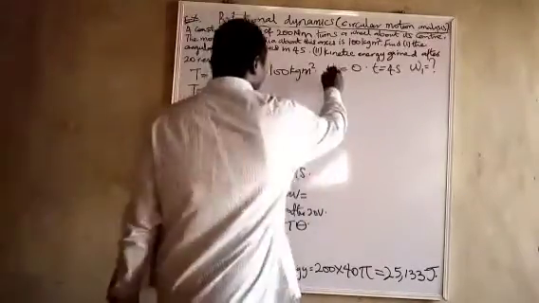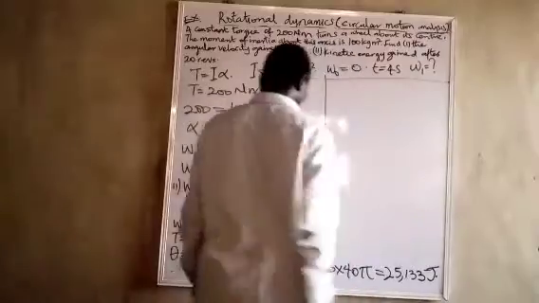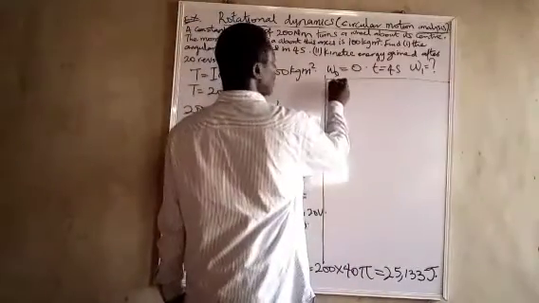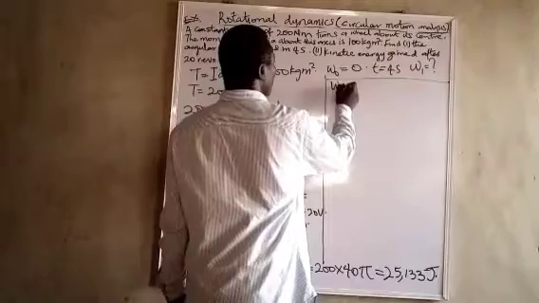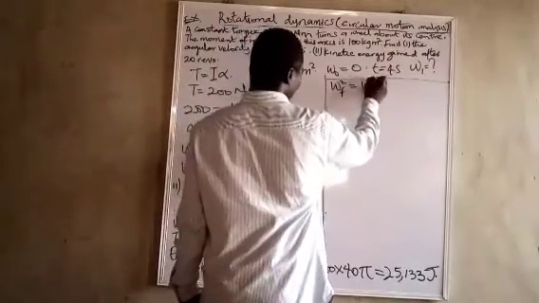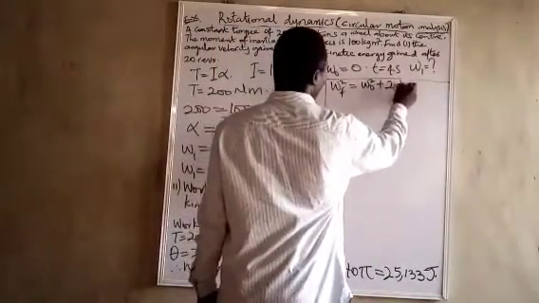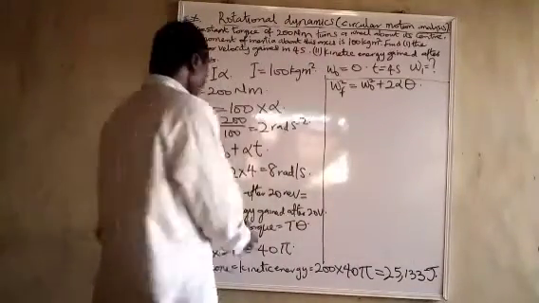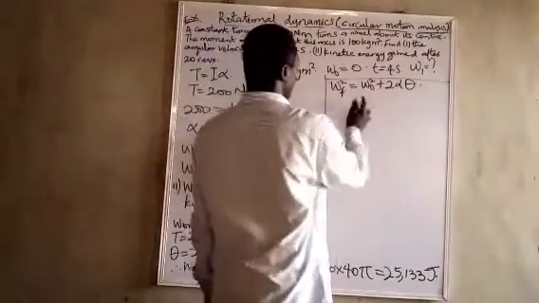Another way to look at it is this. We know that omega final squared will be equal to initial omega squared plus 2 alpha theta. What's our initial omega? 0.